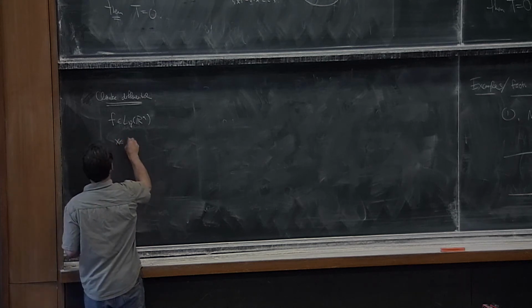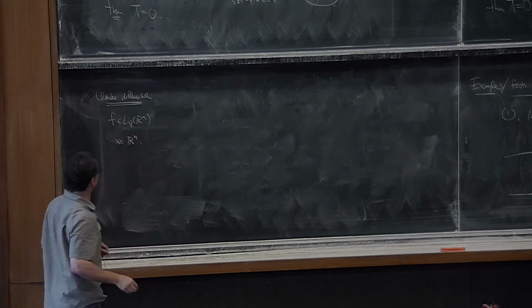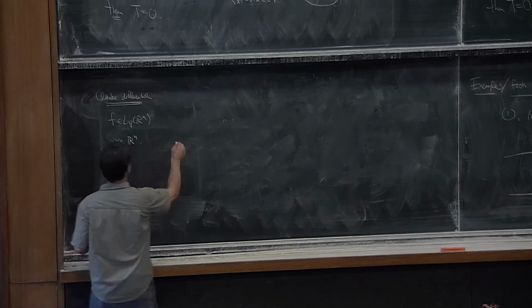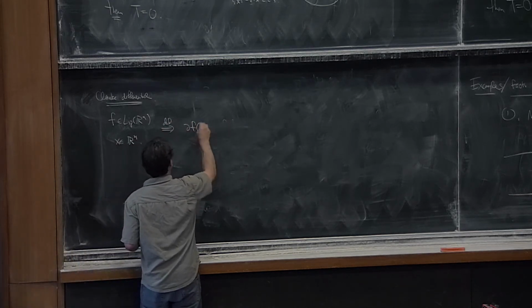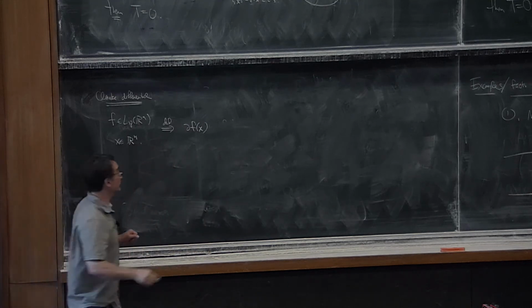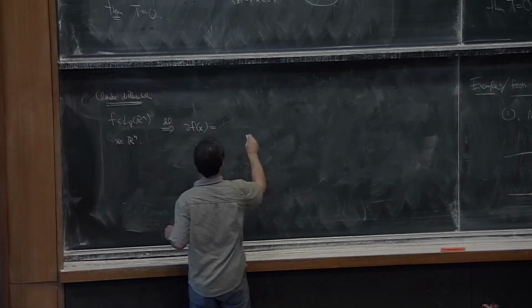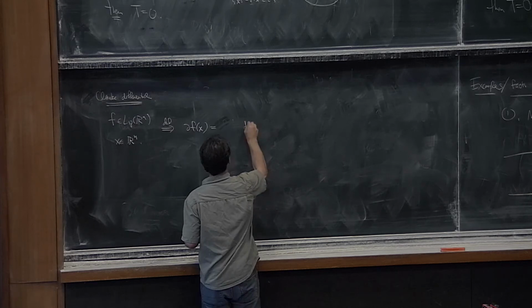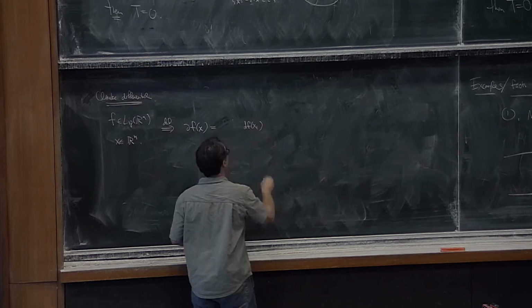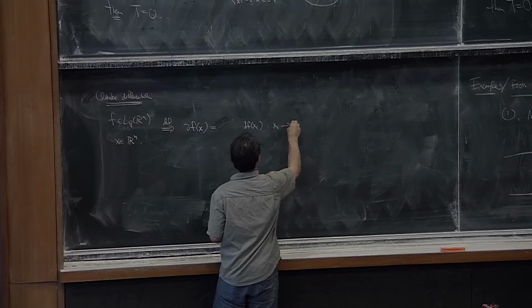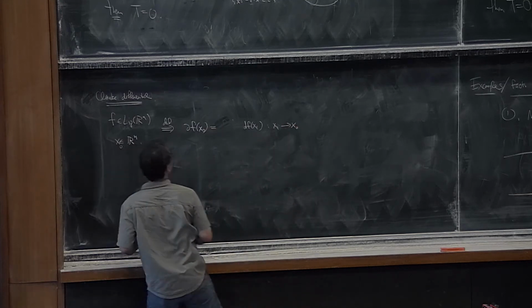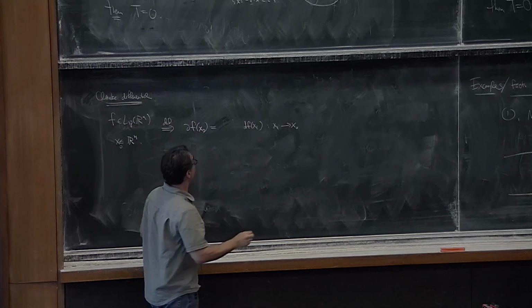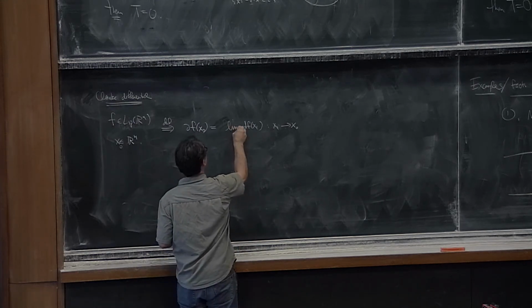If I've got a point in R^n, what we're going to do is define the Clarke differential of f at x in the following fashion. I look at all sequences of points that converge to x0, and take limits of the derivatives along such sequences.